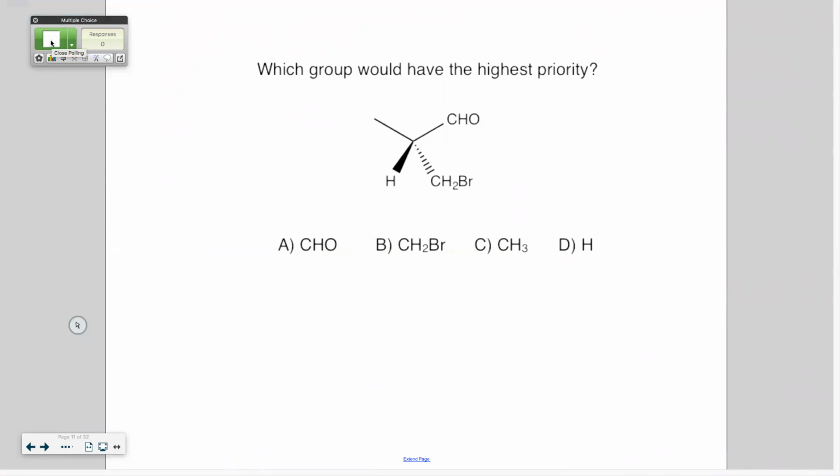Which group would have the highest priority? Okay, do you remember what CHO means? Yeah. That's kind of essential to know.